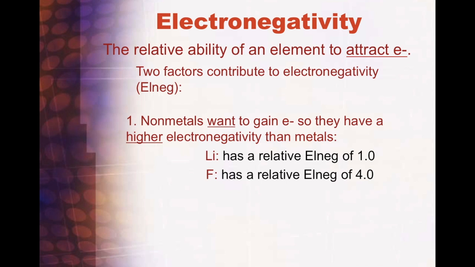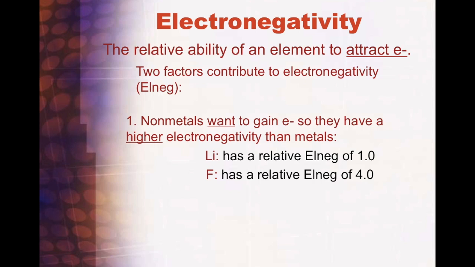The first is how much the element wants to gain electrons, and nonmetals do want to gain electrons a lot, whereas metals don't want to gain electrons at all. So for this reason, nonmetals have a higher electronegativity.